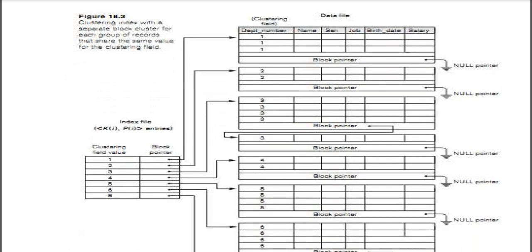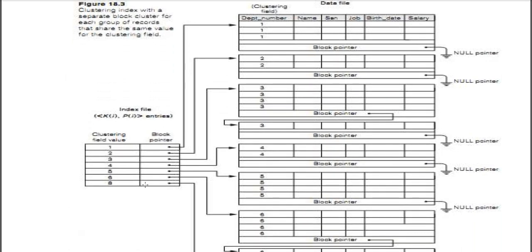So you can see this example here, the clustering field value. This is a sorted one, right? Based on the department number, you can see all the department numbers are clustered here. Department number one is clustered here, two are clustered here, three are clustered here.